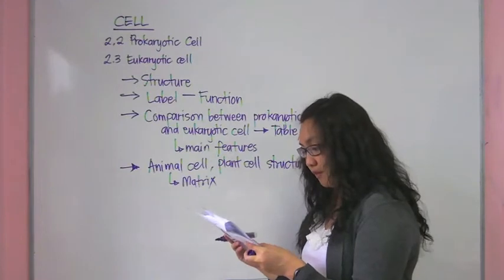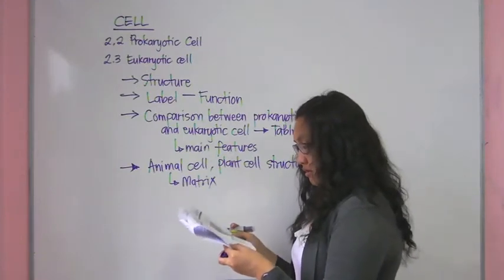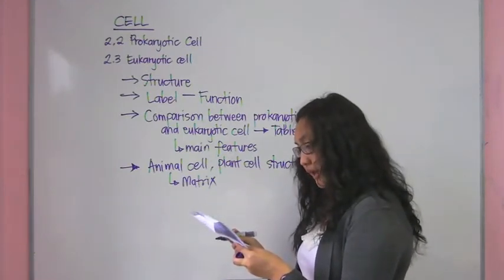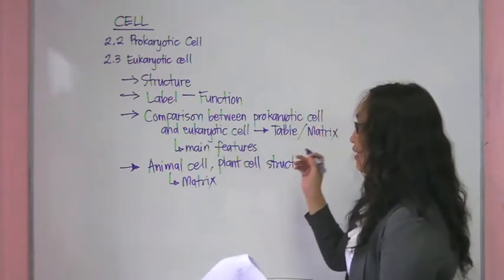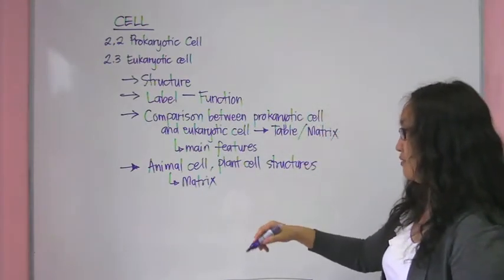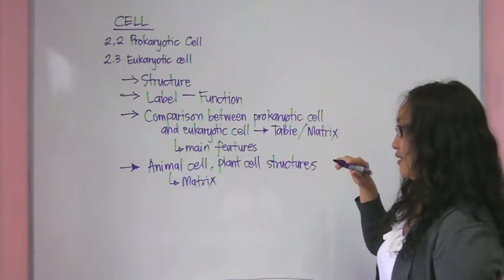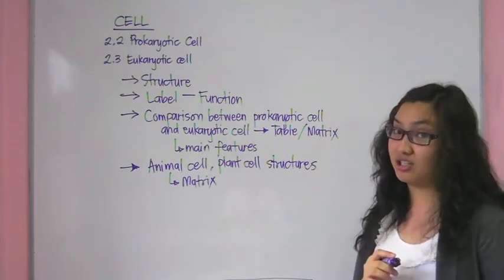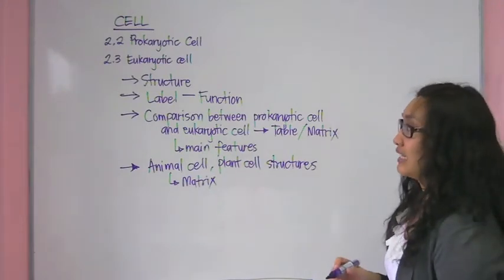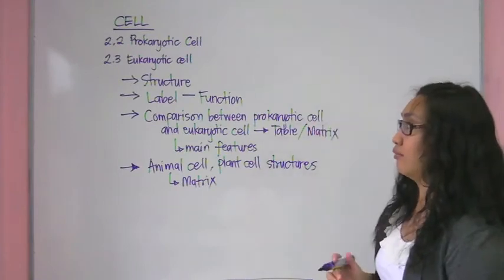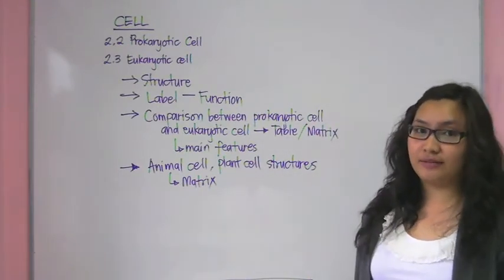Another thing, yeah. So basically, by writing down the differences between animal cells and plant cells and the main features of these structures, we might be able to discuss the prokaryotic cell and eukaryotic cell as a whole.